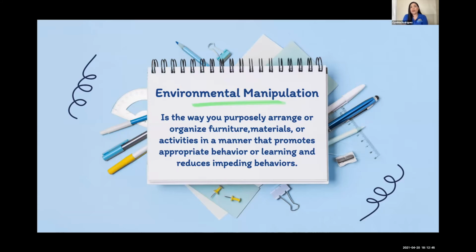This is how you manipulate your environment. The way that I think about it is in two different forms. You could manipulate an environment to reduce problem behaviors, but also you could manipulate an environment to make learning opportunities come about. So we'll be discussing those two points separately. That way we could understand them a little bit better.